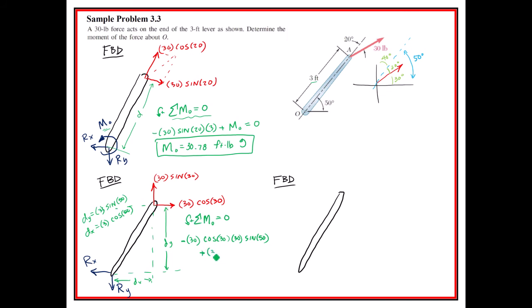So we go 30 times the sine of 30, and I just messed up. This should not be a 30. This should be a 3. And then notice they're going to be the dx, 3 times the cosine of 50. And then I can't forget my reaction moment down here, MO. I guess I decided to write this in green. That's going to be plus MO equals 0. And if we did all that, we would get the same answer.